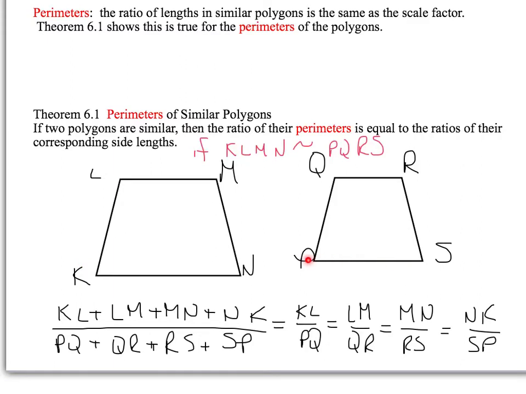So if we show that, we know this is similar to this, which is stated right there. We can say that KL plus LM plus MN plus NK over PQ plus QR plus RS plus SP.